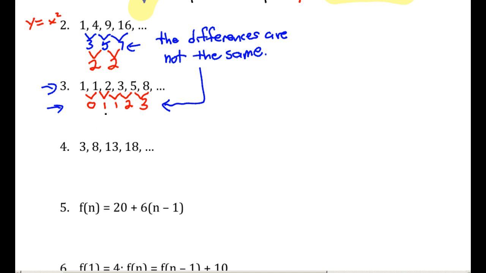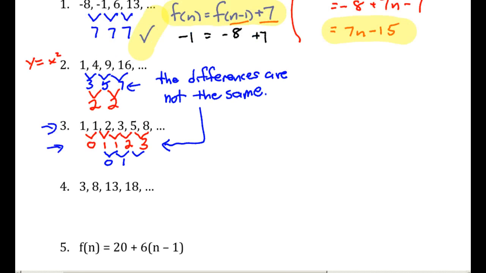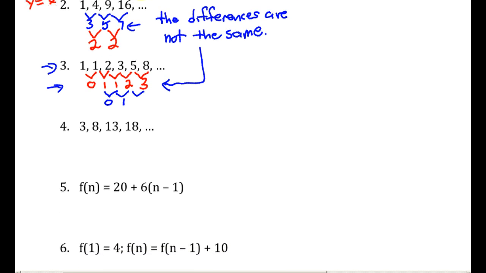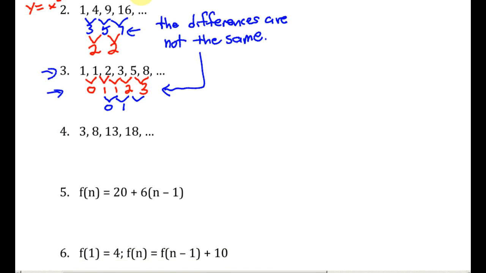And if I found the differences of these, what would you get? 1, 1, 2, 3. So all the differences are the exact same as the sequence itself, which, if you look this up, is called a Fibonacci sequence. I don't know if you've seen the National Treasure movies. They talk about Fibonacci numbers and the golden ratio. We'll look at those after we've covered all the quadratics.